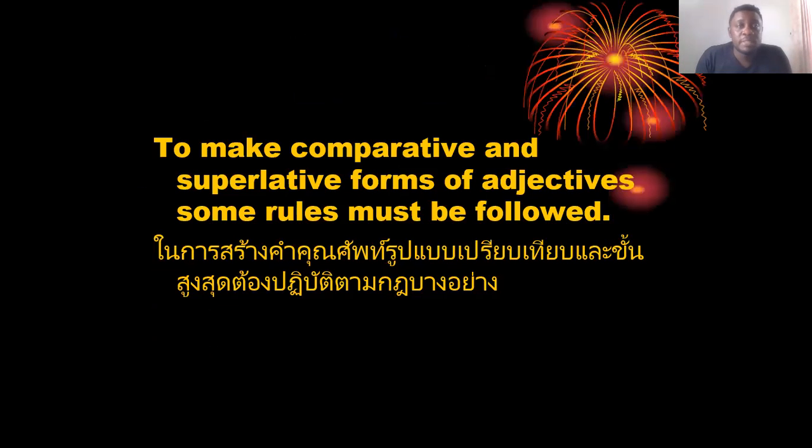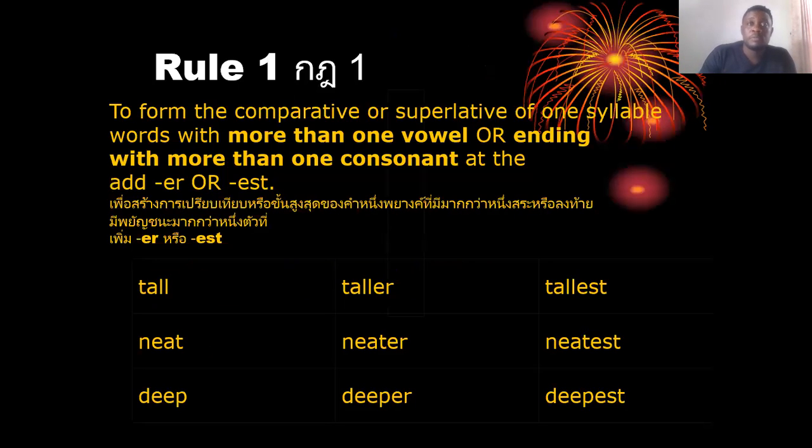So to make the comparative and superlative forms of adjectives, some rules must be followed. These rules are going to help you modify the adjectives or adverbs. So rule number 1: to form the comparative or superlative of a 1-syllable word with more than 1 vowel or ending with more than 1 consonant, add er or est.